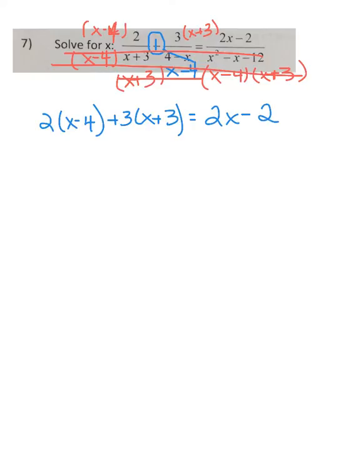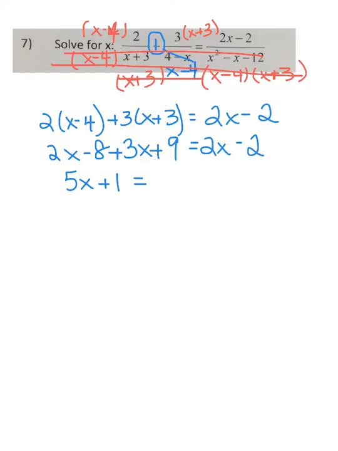Now all we have to do is just distribute and solve. So I have 2x minus 8 plus 3x plus 9 equals 2x minus 2. Okay, let me combine like terms on the left side. So that's going to give me 5x plus 1 equals 2x minus 2. Now, I'm going to combine like terms, so I'm going to move that 2x over.